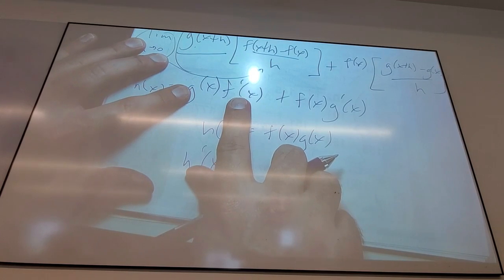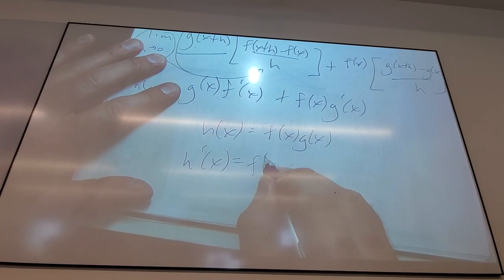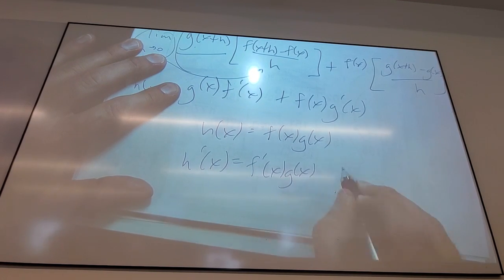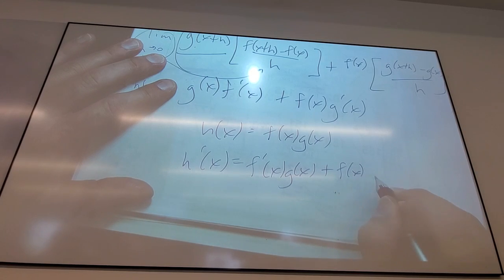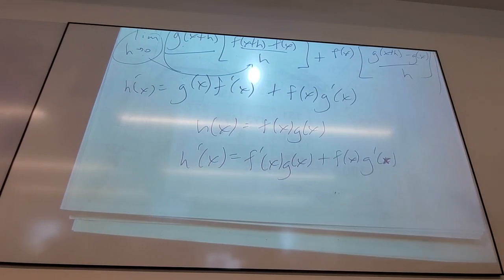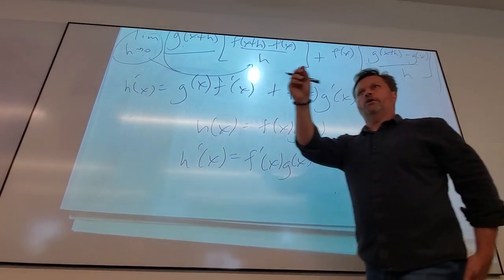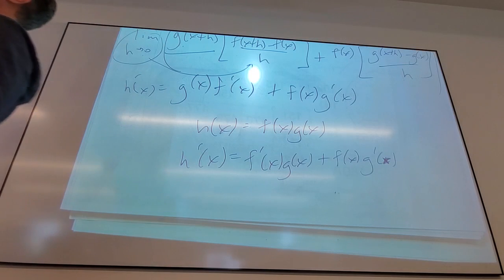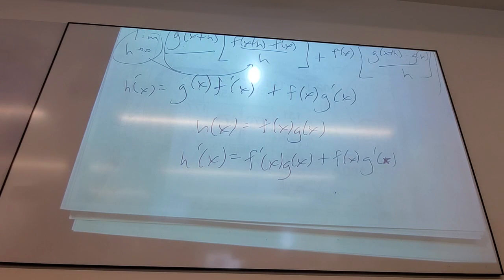I'm going to reorder this a little bit. f prime gets a term, g(x) is just sitting there, plus f sits there and g prime gets a term. So in just about every derivative rule we're going to learn, at the heart of each of them, each piece gets its own term. Do you see how each piece gets its own term? f gets a turn taking the derivative, g has to wait. Then g gets its turn, f is sitting there.